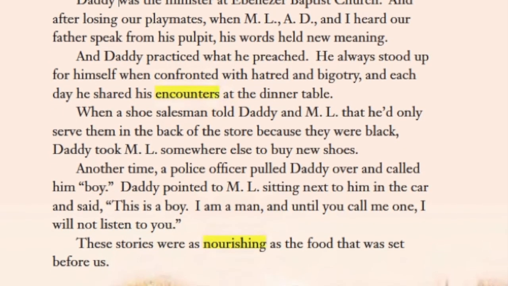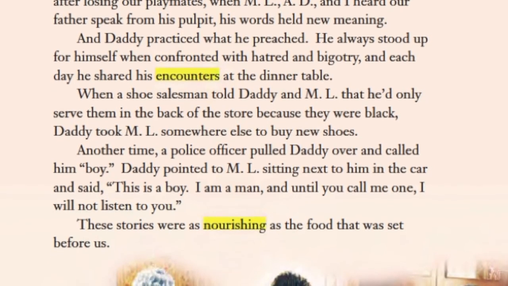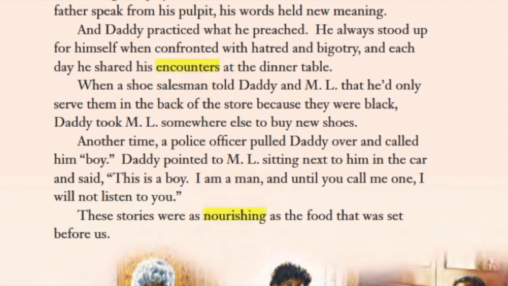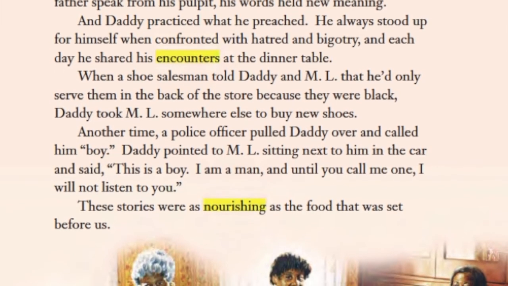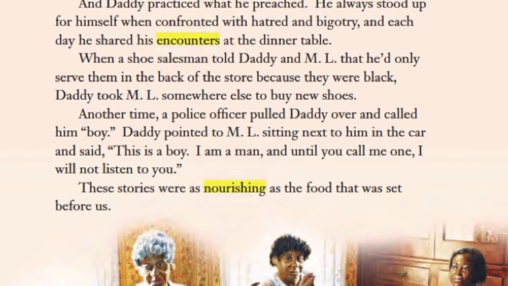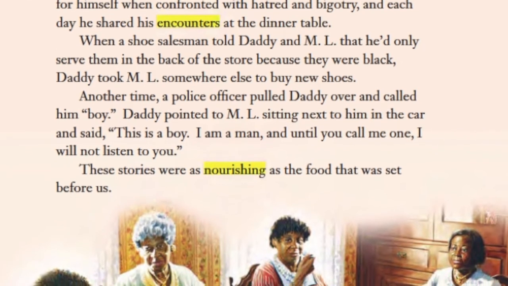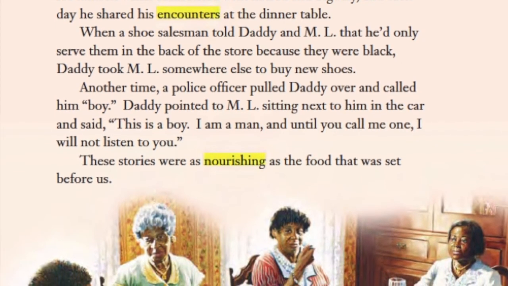He always stood up for himself when confronted with hatred and bigotry. And each day he shared his encounters at the dinner table. When a shoe salesman told Daddy and ML that he'd only serve them in the back of the store because they were black, Daddy took ML somewhere else to buy new shoes.